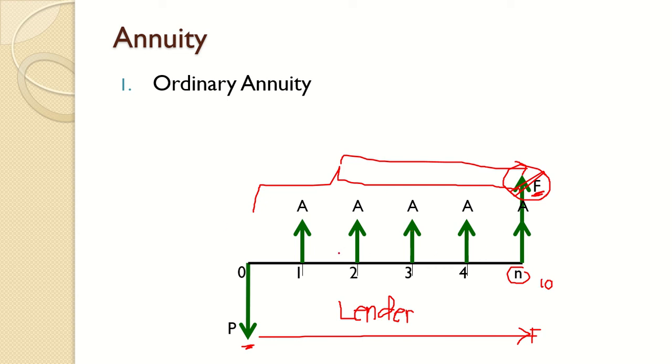Maybe instead of getting your interest every year, the earnings on your investment, you can convert it into a lump sum. So that's an example of ordinary annuity. So again, this is the cash flow diagram or example for an ordinary annuity.